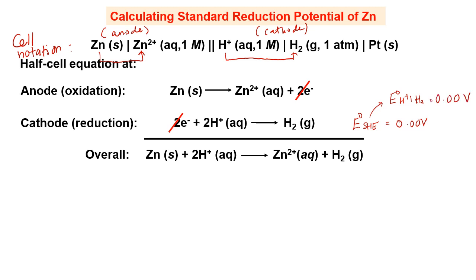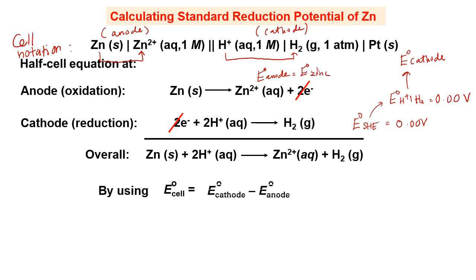And then from the voltmeter, we already have the value of E naught cell. So substitute the value. Meaning over here, our SHE is our E naught cathode. And the one that we want to find, the E naught anode, is over here. E naught anode is equal to E naught zinc that we want to find.